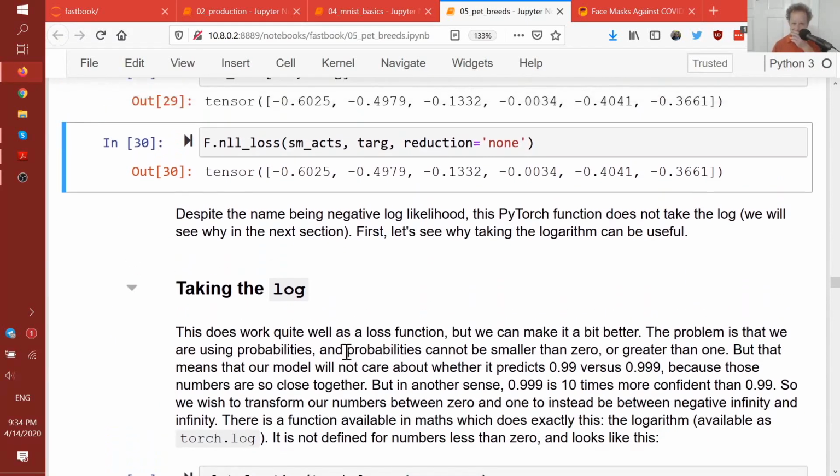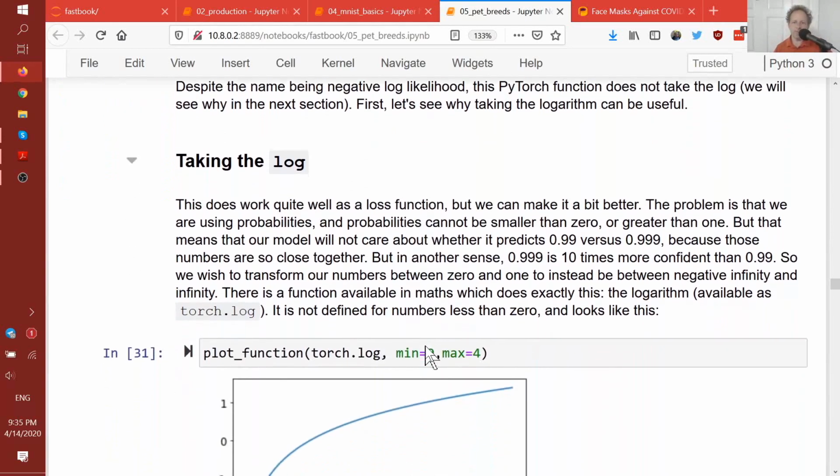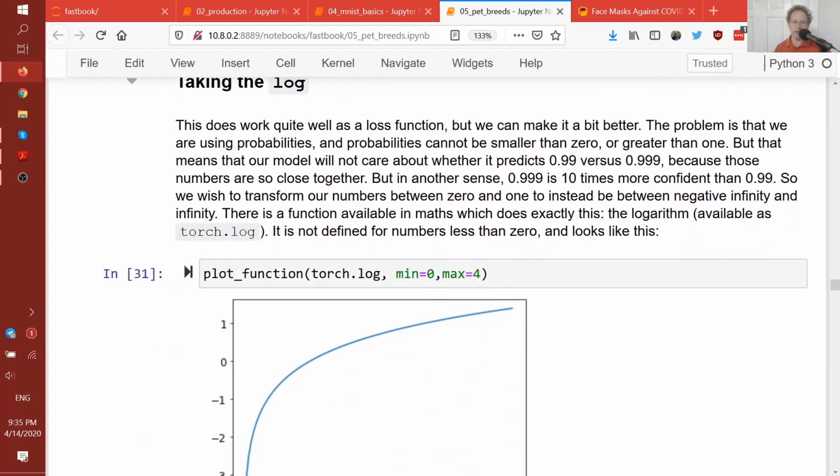So this loss function works quite well, as we saw in Notebook 04. It is exactly the same as we saw in Notebook 04, just a different way of expressing it. But we can actually make it better, because remember, the probabilities we're looking at are between 0 and 1. So they can't be smaller than 0. They can't be greater than 1.